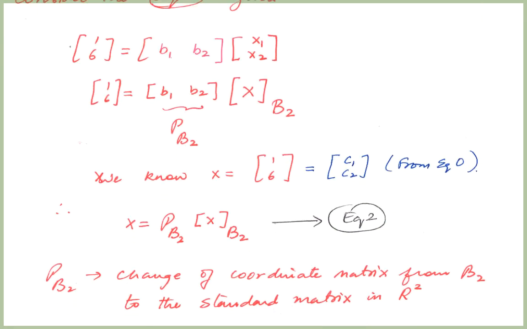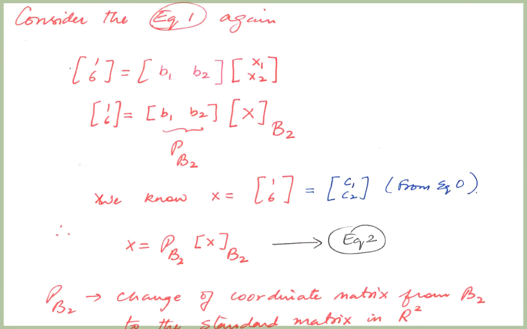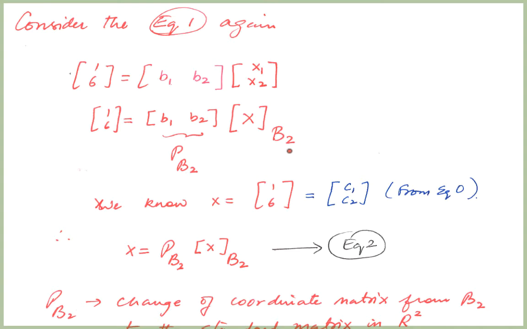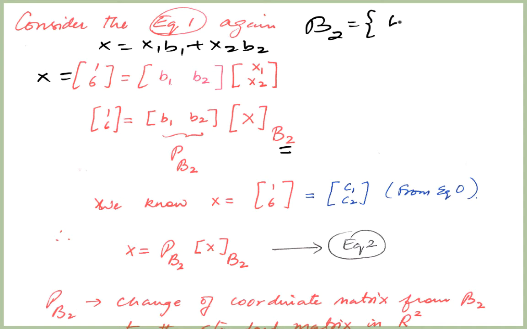So now we are going to add some theory to it. Remember, here I had this vector x. You see this one? Now this x, relative to the basis B2, is written in terms of b1, b2. Remember, x was x1 b1 plus x2 b2, and this b1, b2 is coming from the basis set capital B2.